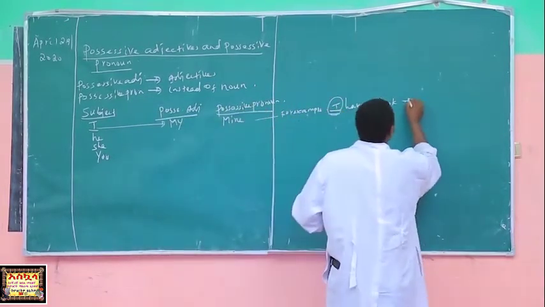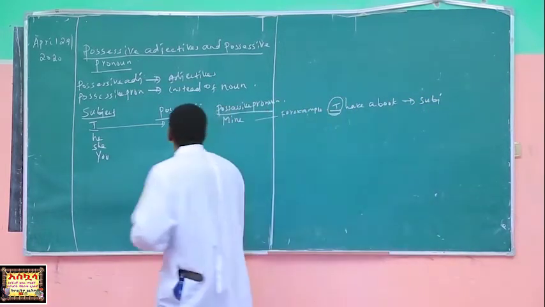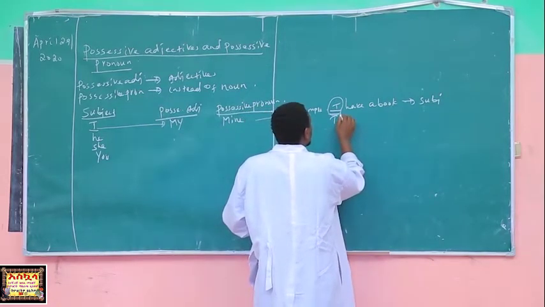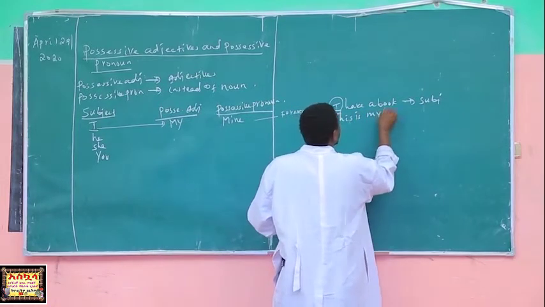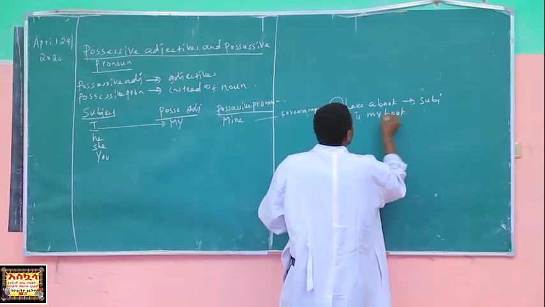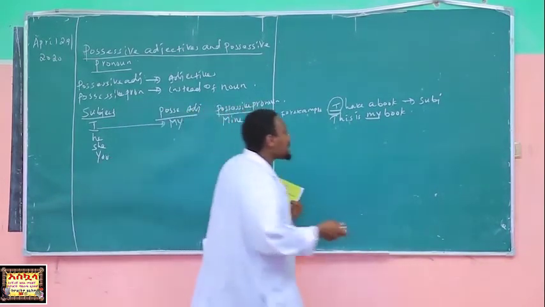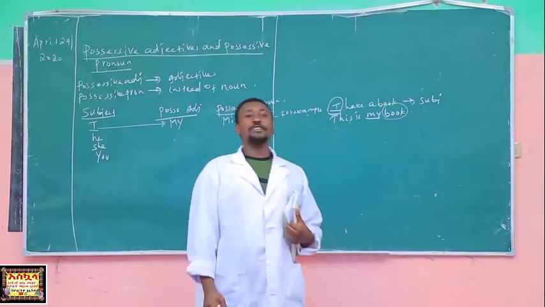We can say this is subject. Now, we can say here, the book. No, this is my book. My is modifying or telling something about the book. Ownership. Whose book is it?